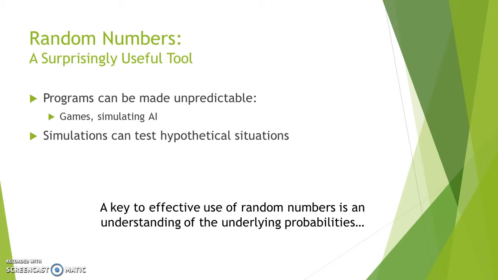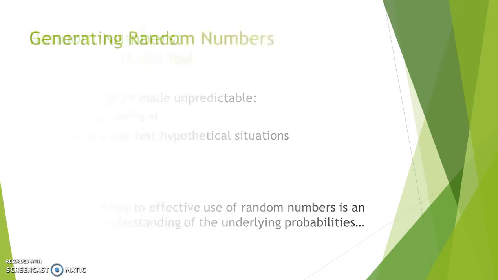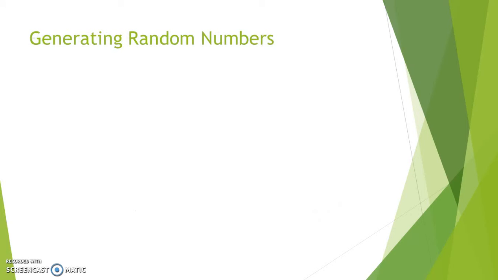But if we want to use these random numbers, we have to have an understanding of probability. Some of you may have better grasps of this than others. We will use one of the classic random number generation tools from history in order to illustrate some of these points.